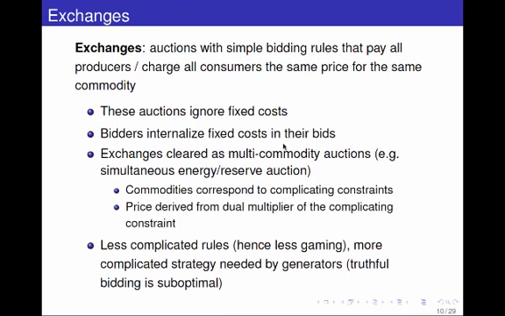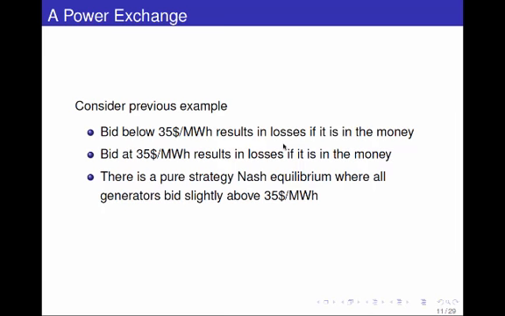Here, if you just say truthfully that my fuel cost is 20 and that's what you bid, if you're in the money, you lose $3,000. So basically, this is the example that I just described. Now, there is an equilibrium in this market. There is a pure strategy equilibrium where everyone bids slightly above 35, and there's no unilateral benefit for anyone deviating from that strategy.